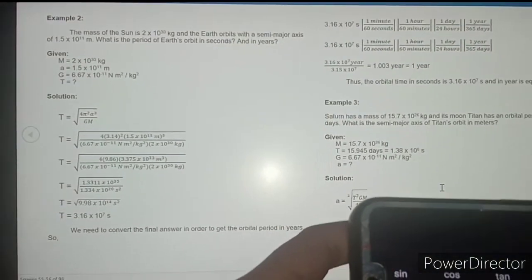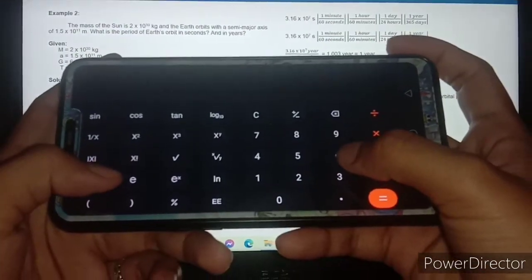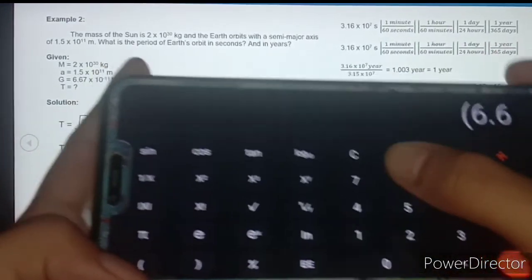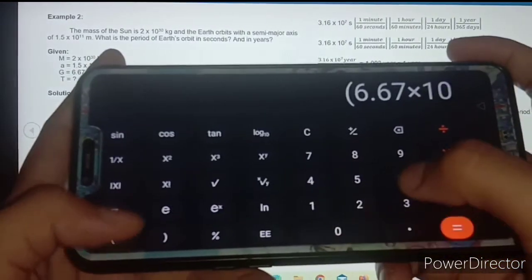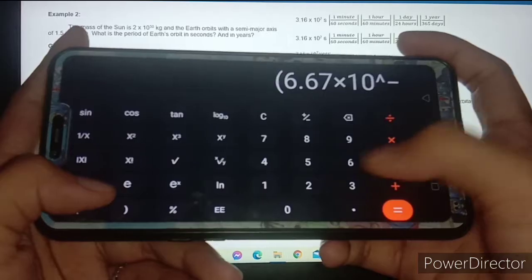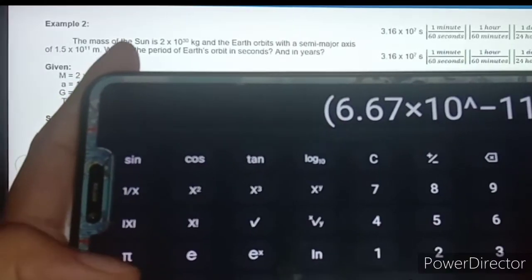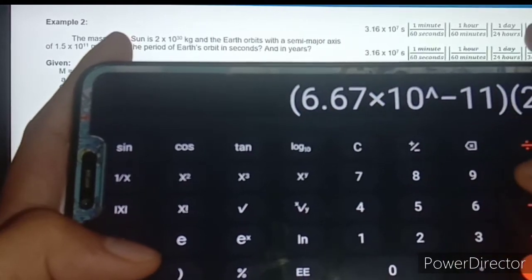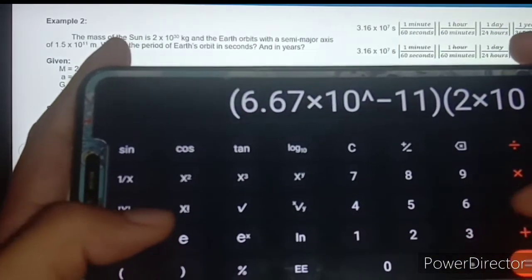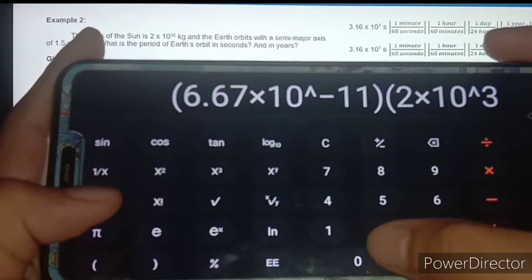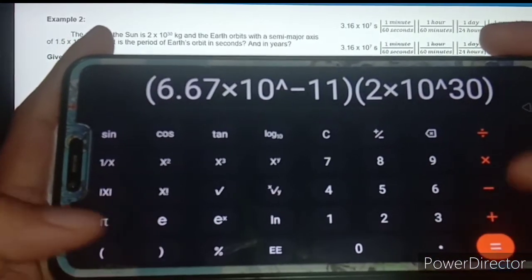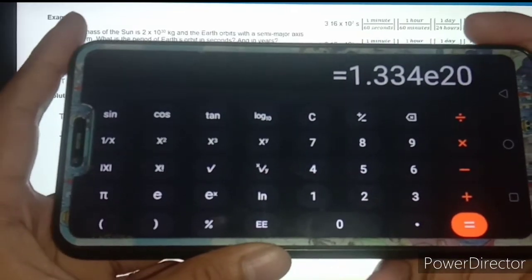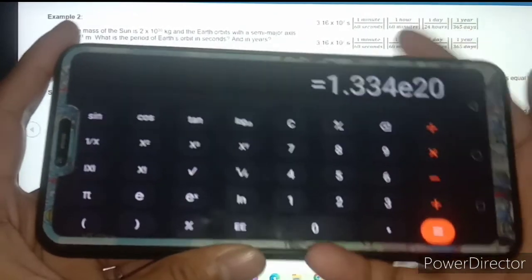And then, for the denominator, we have the universal gravitational constant, 6.67 times 10 raised to negative 11, times the value of the mass, 2 times 10 raised to 30. And then, equals 1.331334 times 10 raised to 20.